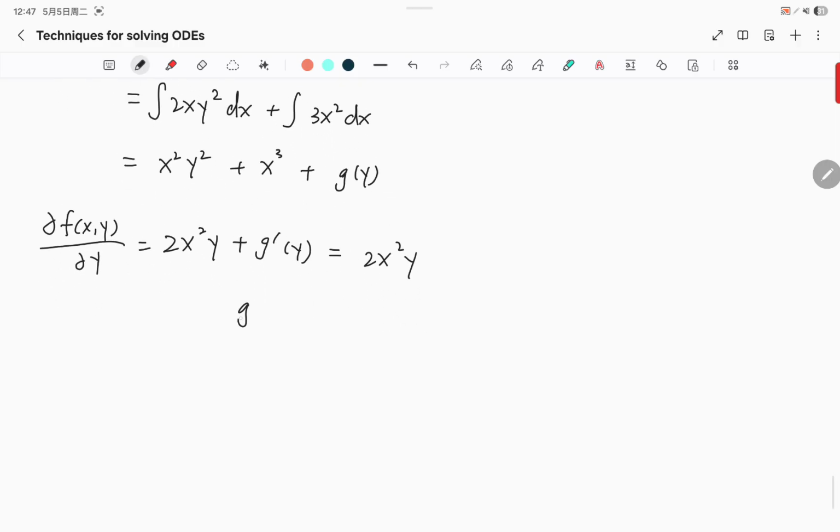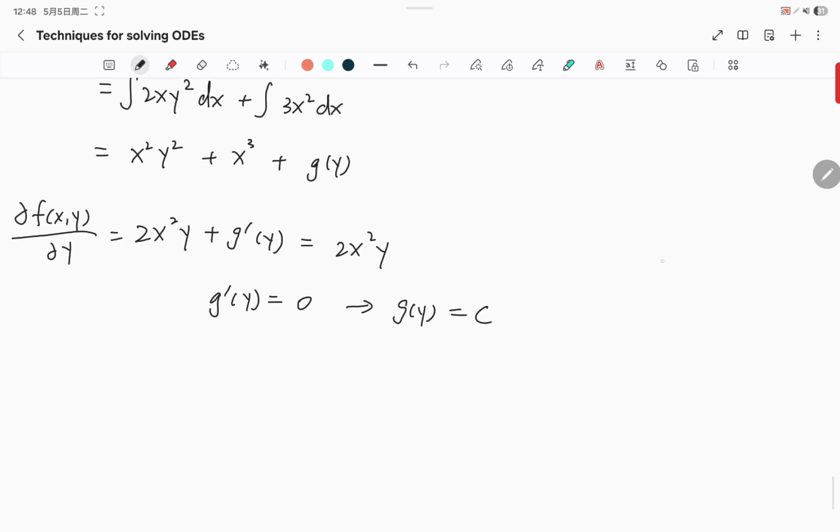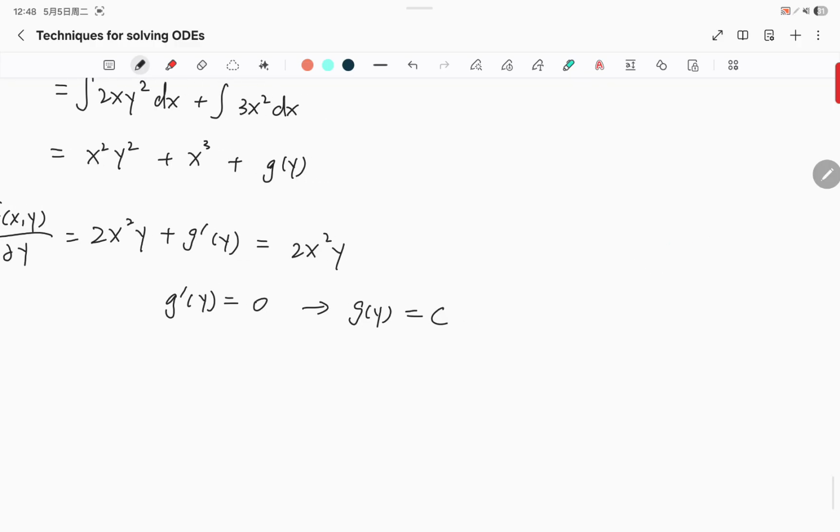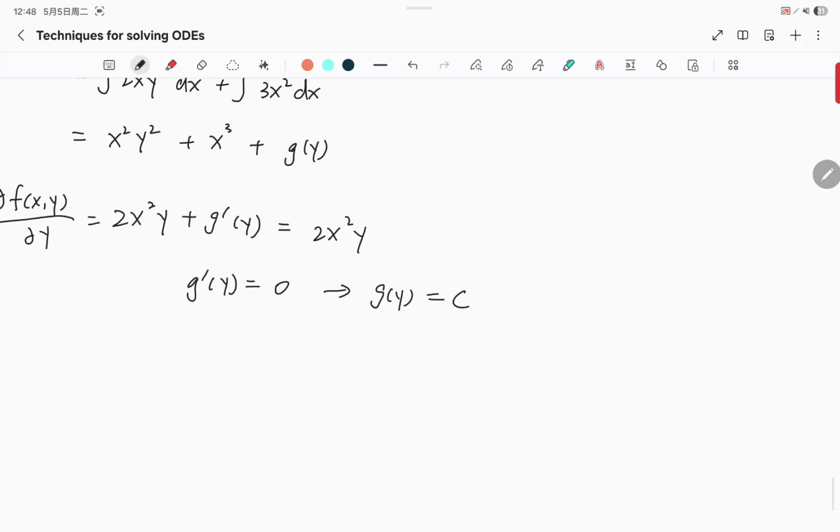That means my g prime of y is equal to 0. And if you differentiate, g of y is any constant, because the derivative of any constant is 0, right? You got 3, differentiate that, 0, a billion, differentiate that, 0. So do the other way around, the opposite.